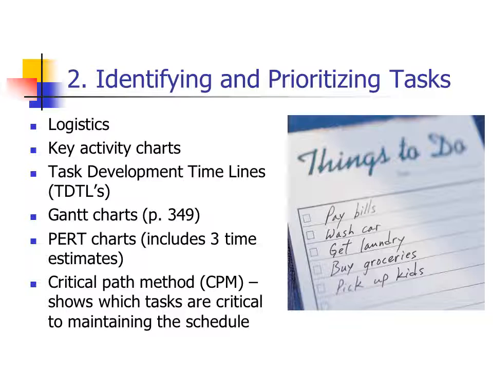And that just looks at the tasks to be completed and the months that you have to complete them, and so you lay that out in a timeline, and I'll show you an example of that in the next slide. A little bit more sophisticated still is what's called a Gantt chart, and you can see an example of that on page 349.